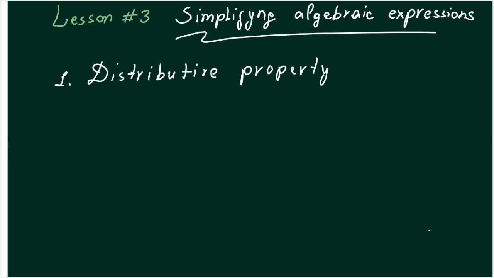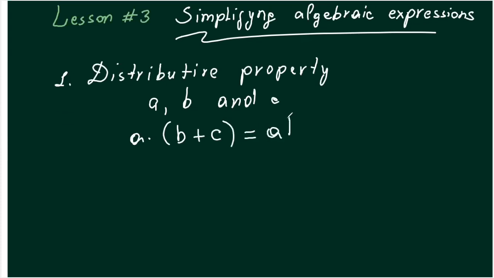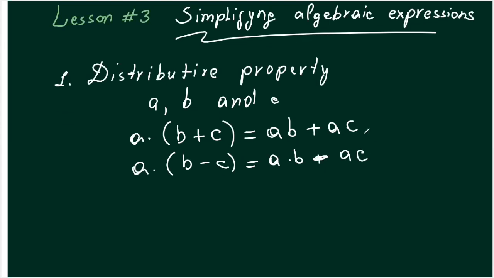For any real numbers a, b, and c, a multiplied by the sum of b and c equals a multiplied by b plus a multiplied by c. And a multiplied by the difference of b and c equals a multiplied by b minus a multiplied by c.